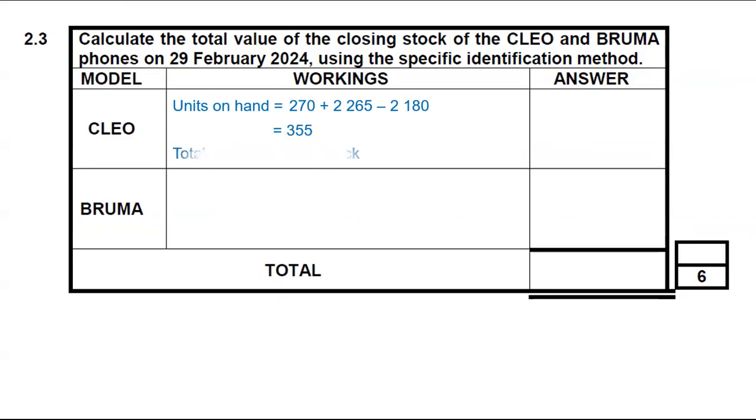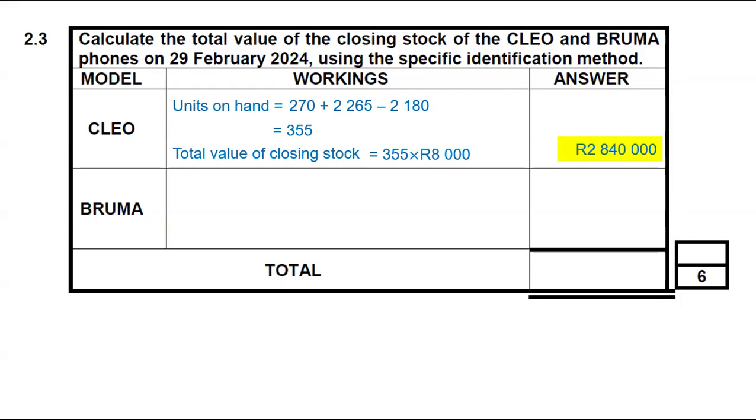To find the value of these 355 units, we needed the cost price, which was given to us as 8,000 Rand. So 355 multiplied by 8,000 Rand will give you the value of 2,840,000, which is the closing stock value for Clio cell phones.